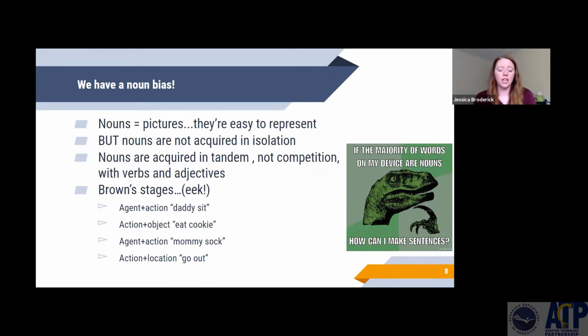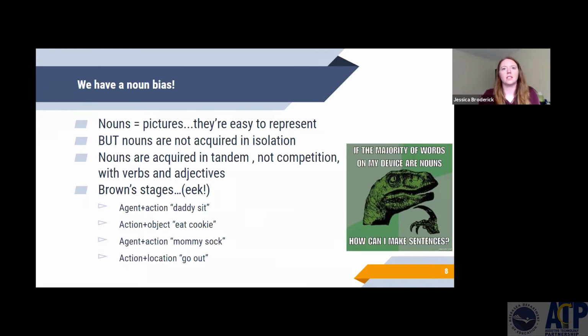And so if we are thinking about typical language development in children, we get things like agents and actions, actions and objects. So kids, when they're first starting to talk, are saying things like daddy sit, eat cookie, go out, which you can see is more than half core vocabulary, not just nouns: sit, eat, go, out.